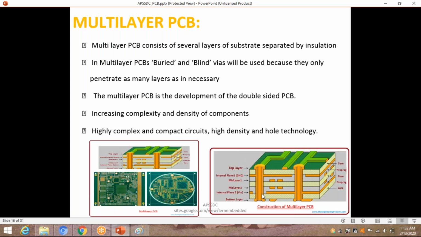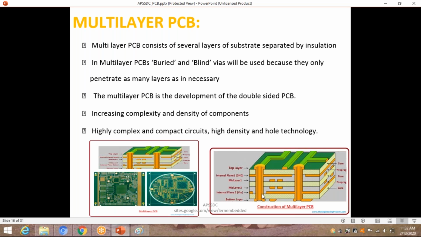But the majority of the middle layers are used only for earthing, ground and power supply connections.